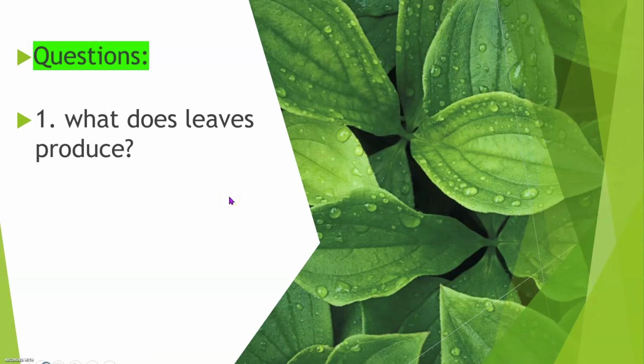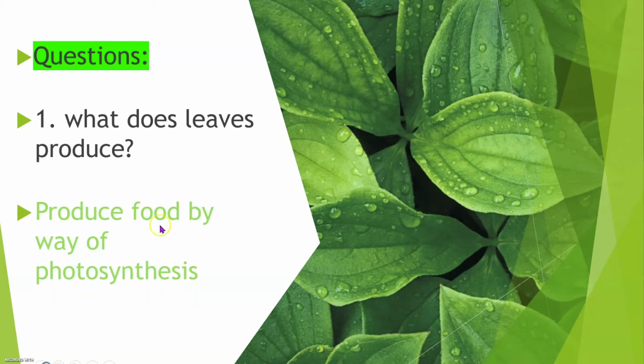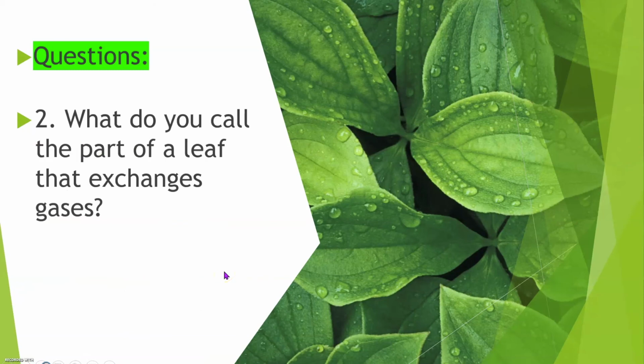What do leaves produce? Good job. It produces food by way of photosynthesis. The next question, what do you call the part of a leaf that exchanges gases? Good job. It's called stomata.